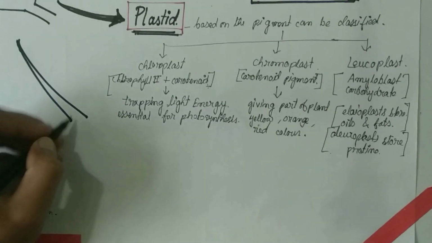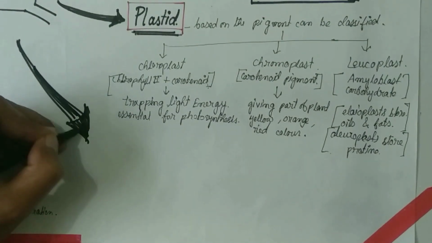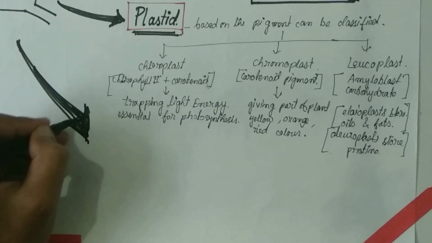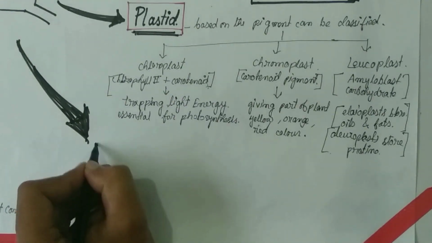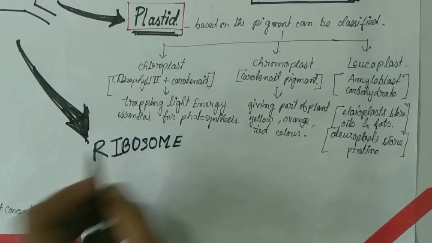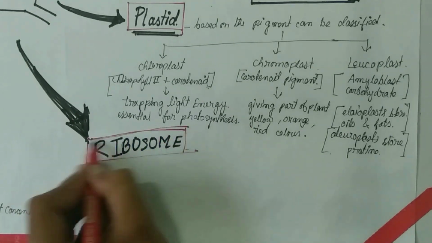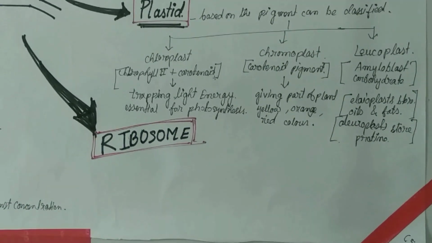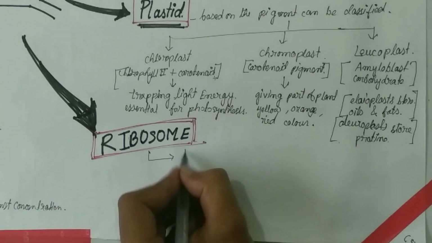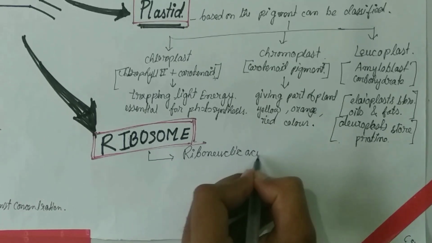At last, we will discuss another cell organelle, the ribosome. Ribosome is composed of ribonucleic acid, that is RNA, and proteins.